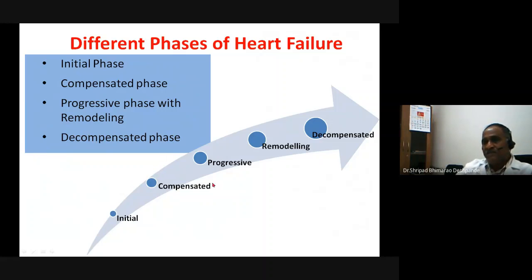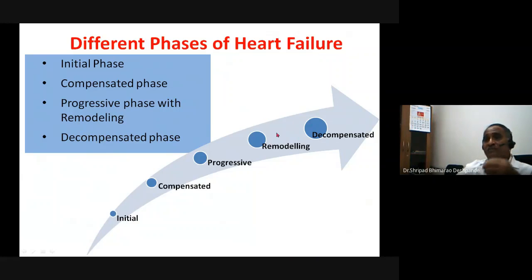So this compensated phase progresses, because if the real problem that has caused the heart failure is not addressed, it goes further, because it is not able to withstand whatever is happening, because the right atrial pressure keeps on increasing, and this progression brings about changes in the heart muscular size, shape, and other things, that is called remodeling. So it progresses with remodeling, and a stage will be reached where it is no more able to hold, because the basic cause of the heart failure remains.